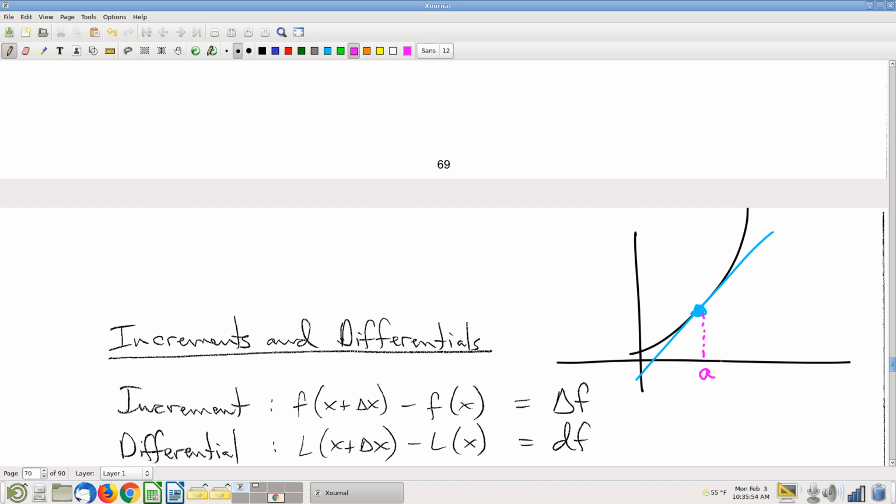And then at some nearby point x, there's a couple of things you can talk about. On the one hand, you can talk about the value of the function at that nearby point, but then you can also talk about the value of the linear approximation at that nearby point. And notice they're not the same.